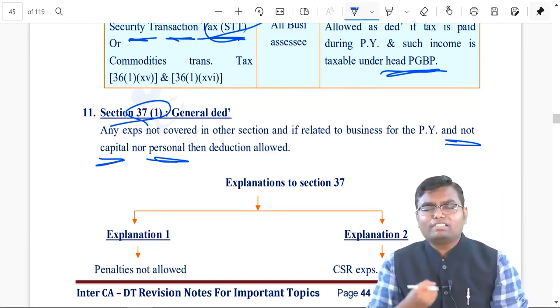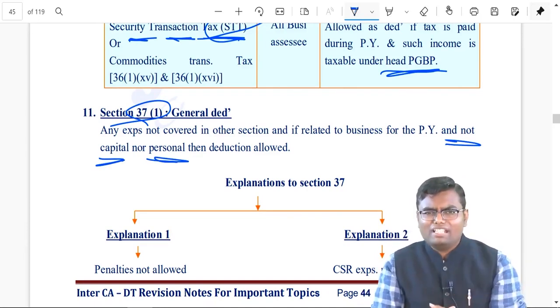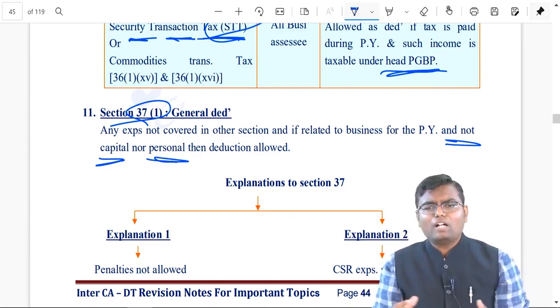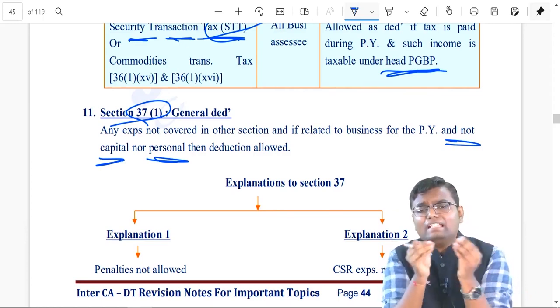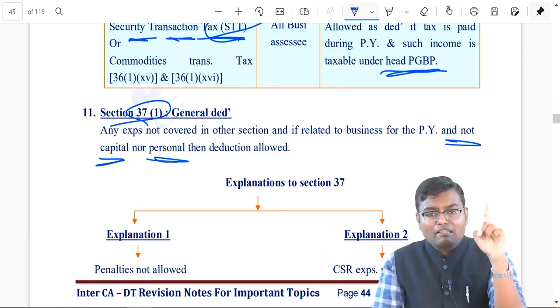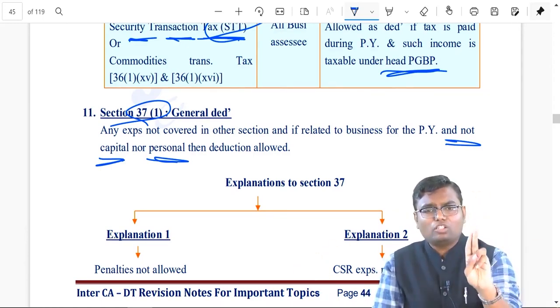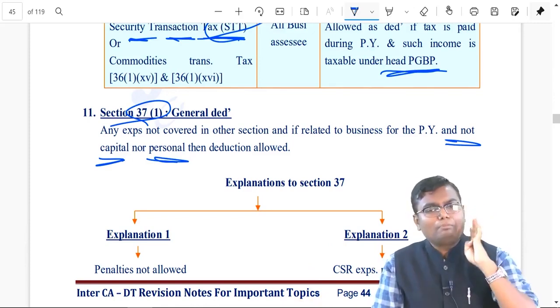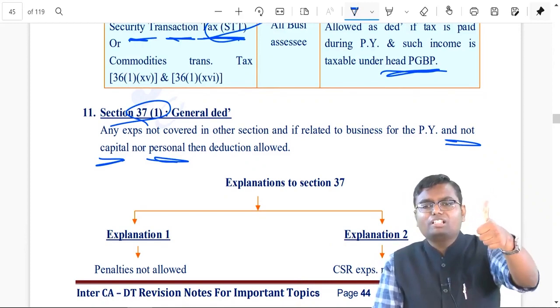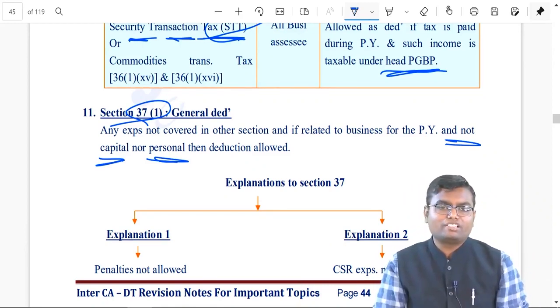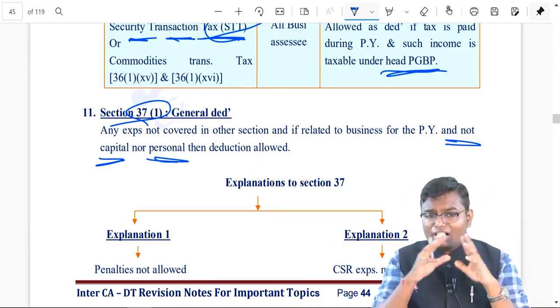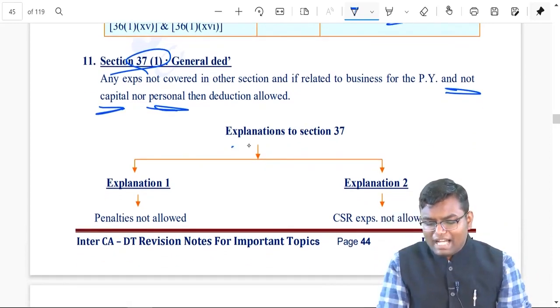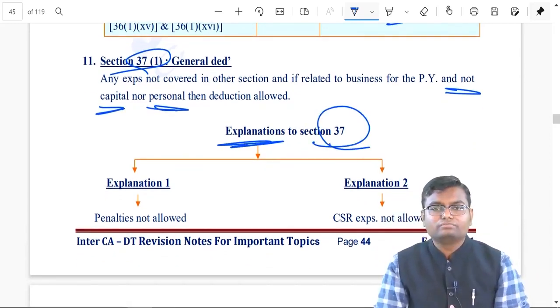Purchase expense, manufacturing expense, salary expense, postage expense, courier expense, stationery expense, stipend paid to articles by a CA firm, any kind of this expenditure are business expense. It is the expenditure of the current previous year. It is not a capital expense, it is not a personal nature expense, then deduction will be available under section 37 subsection 1. But there are two exceptions which are mentioned under explanation to section 37.